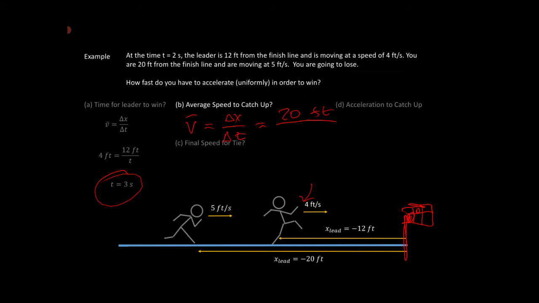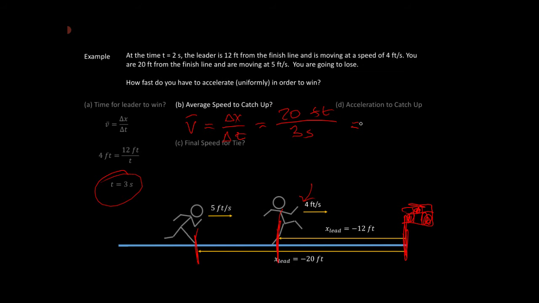So we're going to have to use 3 seconds. That's going to tell us the average speed over this 20-foot distance you'd have to run to beat this guy going 4 feet per second who's 12 feet from the finish line.